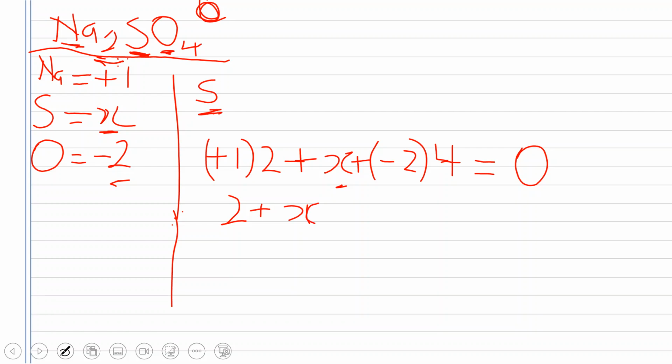X. Now, minus 2 multiplied by 4 gives you minus 8. So we have minus 8 here. Remember, negative and positive, negative will always win. So we have minus 8 here equals 0. How do you want to go about this? We can go about it in so many ways. We did normal algebra. So let's do 2 plus x here.